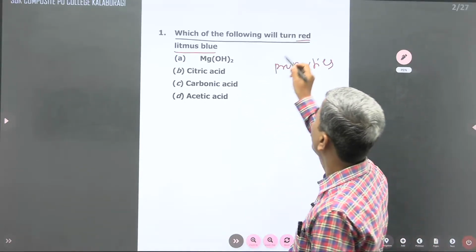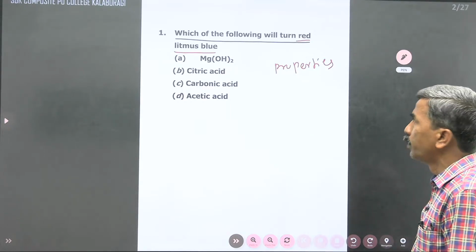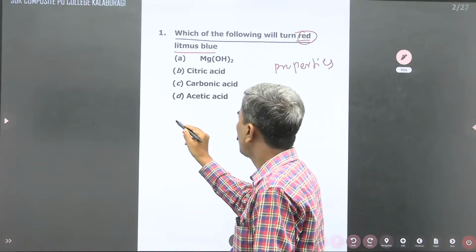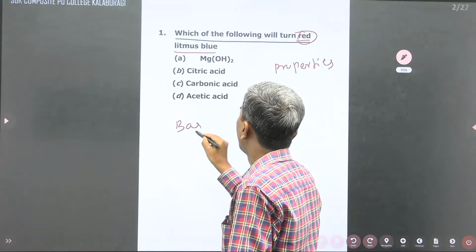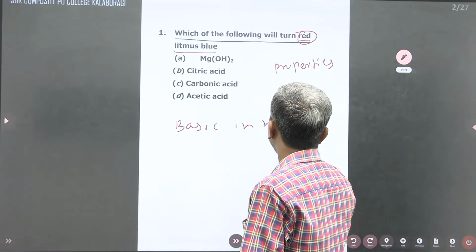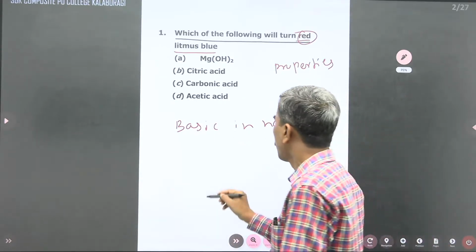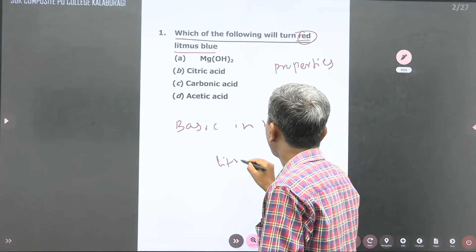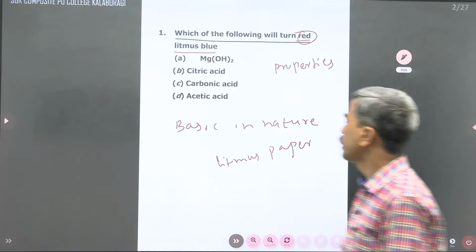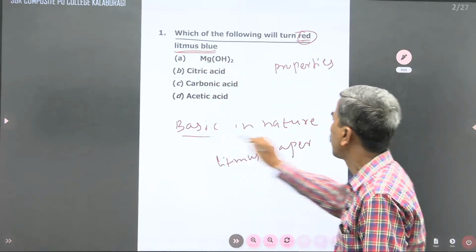Here the question asks which of the following will turn red litmus into blue. If the solution is basic in nature, then when you put it on litmus paper, the color of red litmus changes into blue.